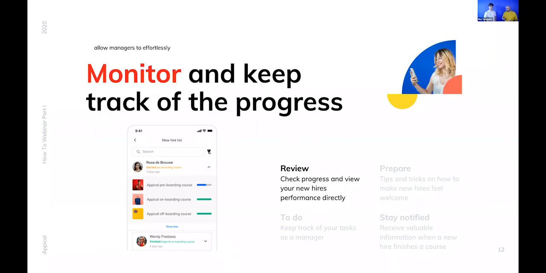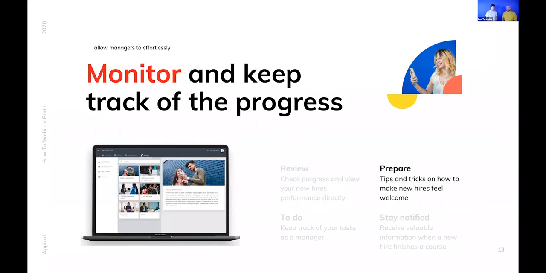That's a way to review it. In our Manager Toolkit, we also help our managers prepare on how to make a new hire feel welcome. Of course, managers also want to put in their own personality, and they should have the freedom to do it in their own way. But you can really help them by defining topics that they should touch on in the onboarding of their new hire. That makes sense.